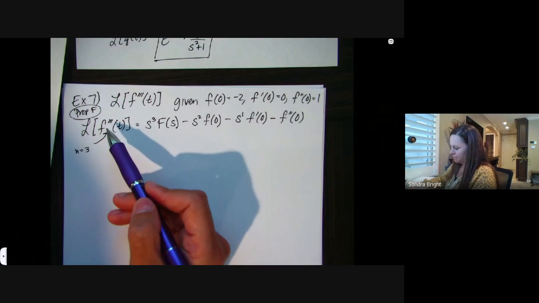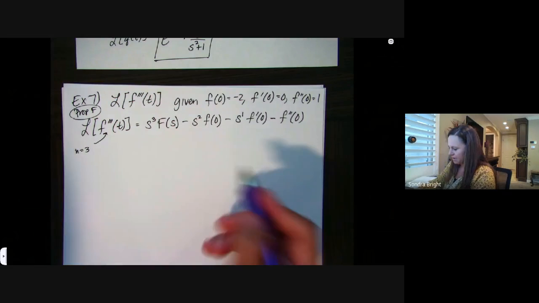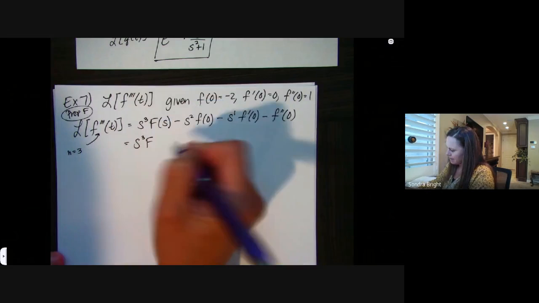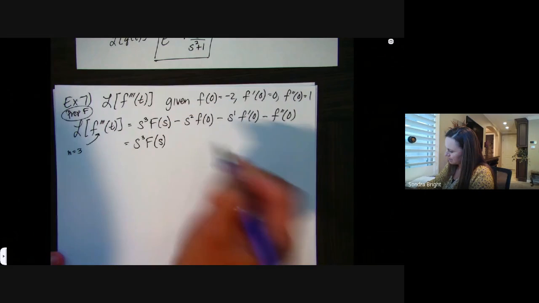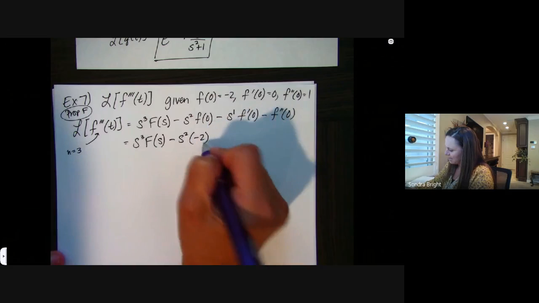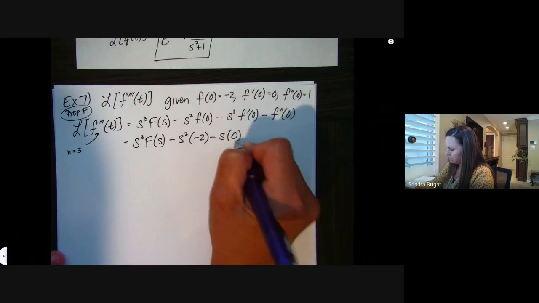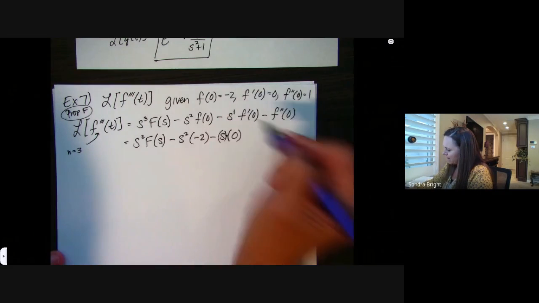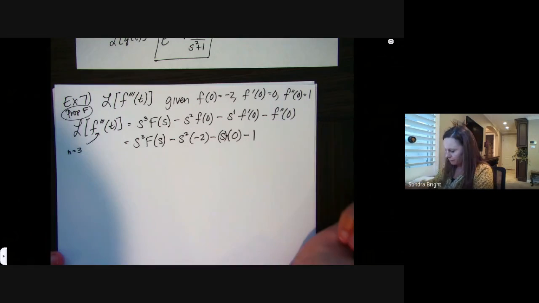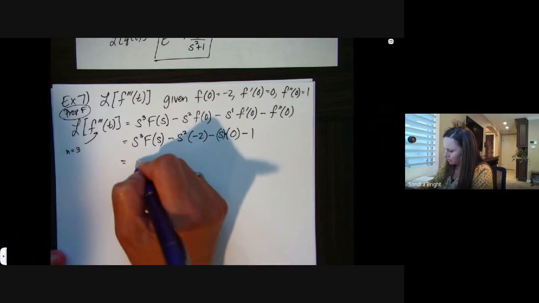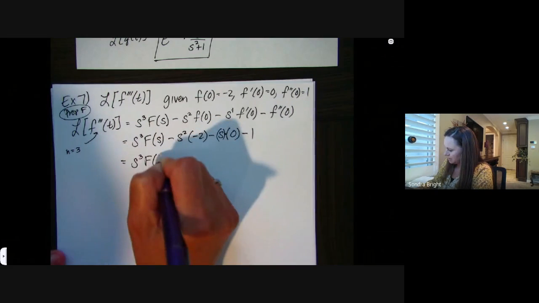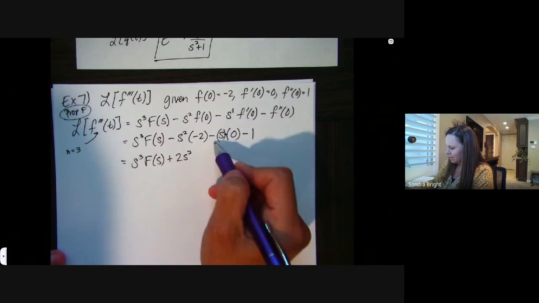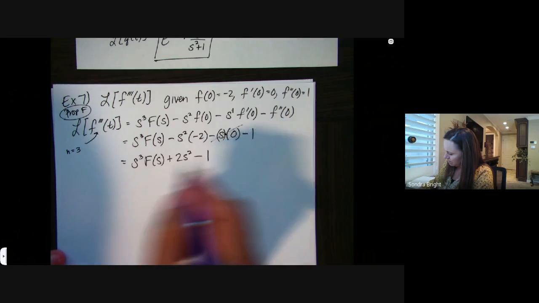So I'm going to have s cubed times big F of s minus s squared times -2, minus s times 0, and then minus 1. That leaves you with s cubed times big F of s, plus 2s squared, the 0 goes away, and then a minus 1.